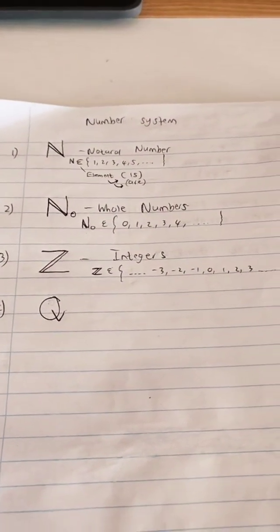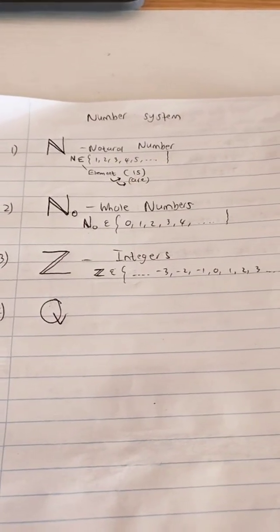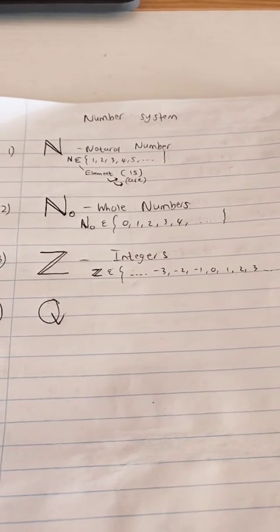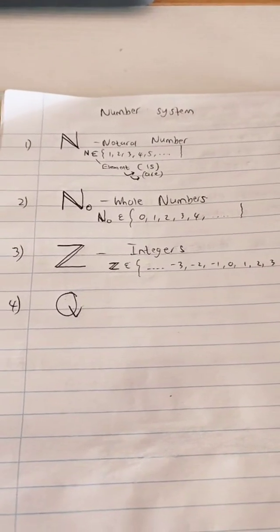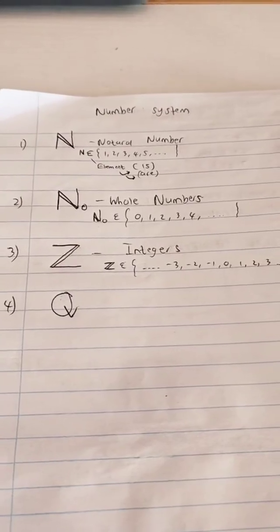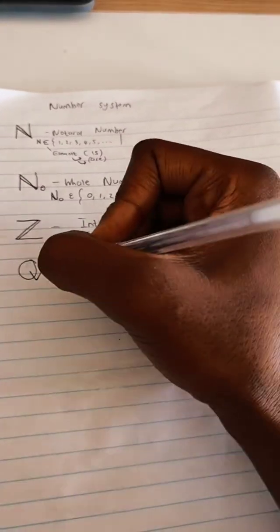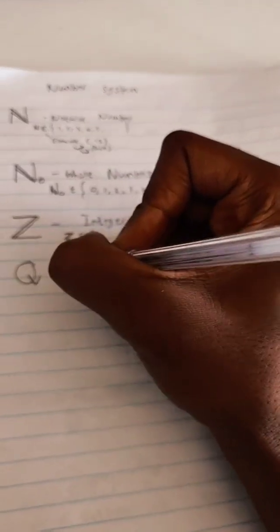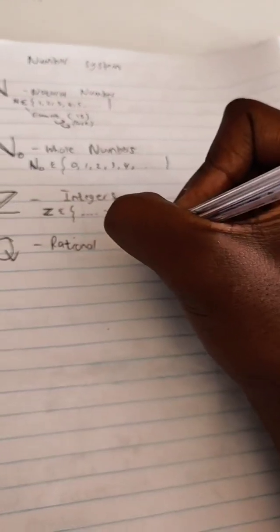Q. The Q symbol, what does that stand for, guys? It's not irrational, not real. This means rational numbers.